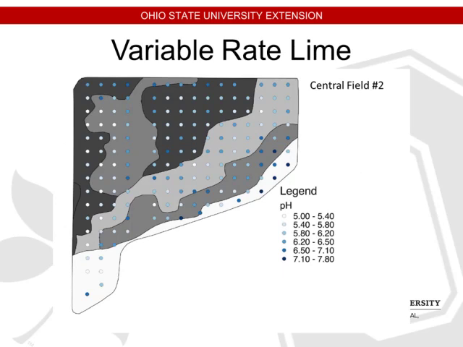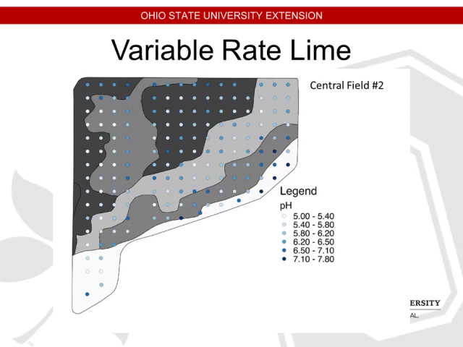So the white dots had a pH of, those points had a pH of 5 to 5.4. On the other side of the field, pH was as high as 7.1 to 7.8. So there's a really big range in pH in this field, and that's not unique to this field. A lot of the fields we collected samples from had a wide range of pH, phosphorus, and potassium.